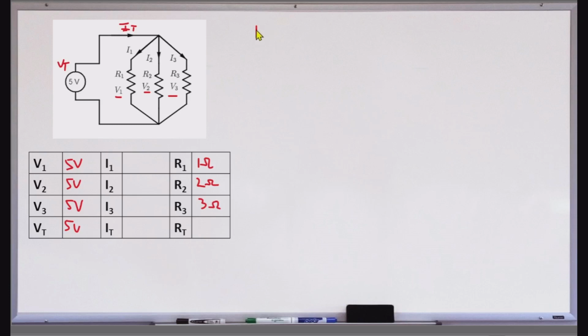So R sub t is equal to 1 over 1 over R sub 1 plus 1 over R sub 2 plus 1 over R sub 3. Let's plug in the values: 1 over 1 divided by 1 ohm plus 1 divided by 2 ohms plus 1 divided by 3 ohms.